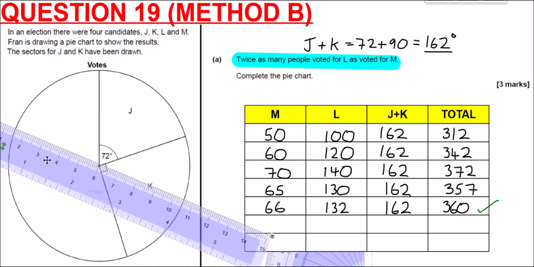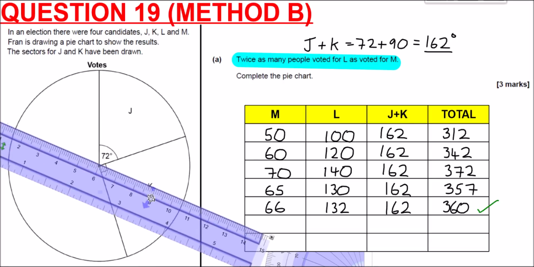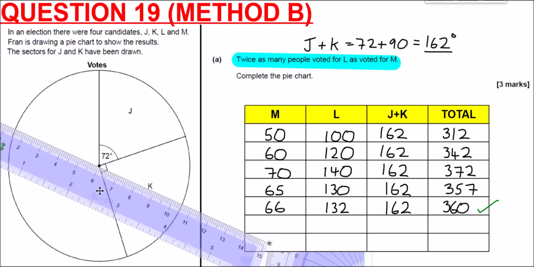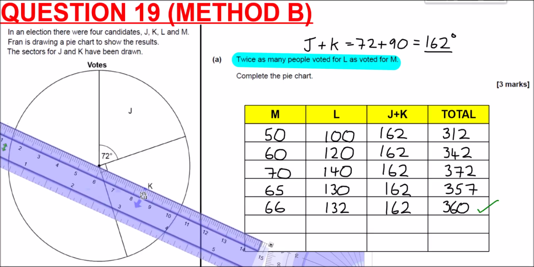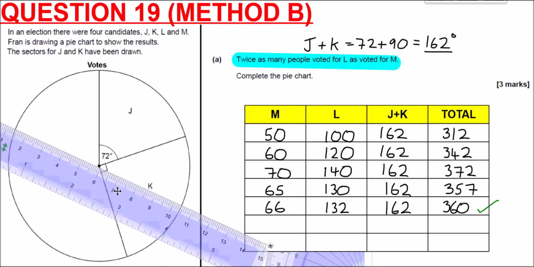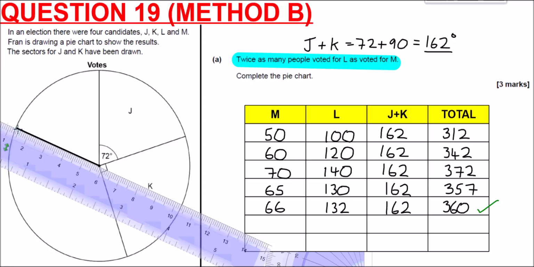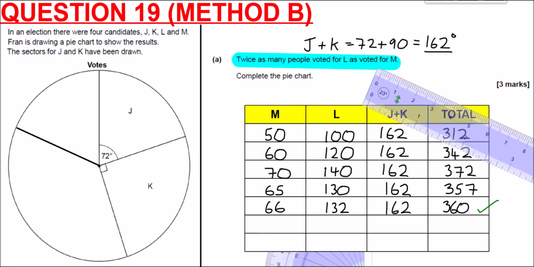And then with the ruler, measure the angle for M. Slightly fiddly on here, but you get the idea. And so that would be the sector for M, and whatever's left will be for L. So that's M, and L double the size.